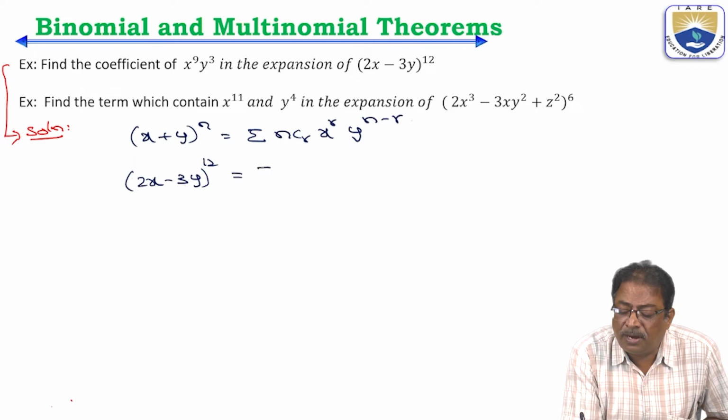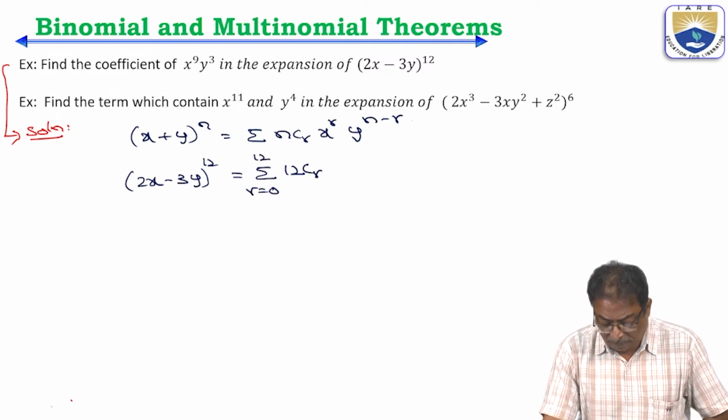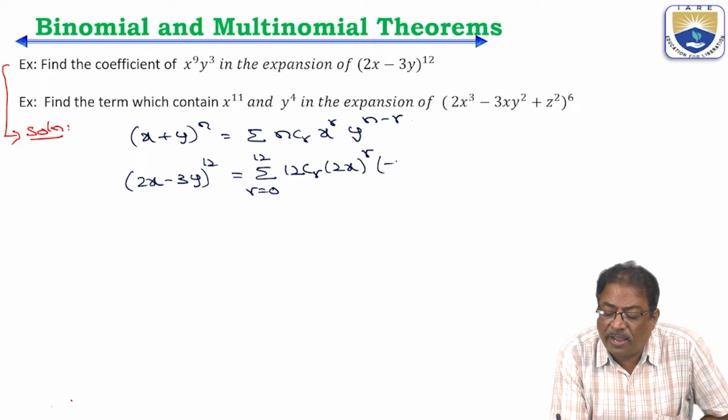So this is nothing but the summation of 12Cr, r from 0 to 12, with 2x to the power of r in place of x, and minus 3y to the power of 12 minus r in place of y.